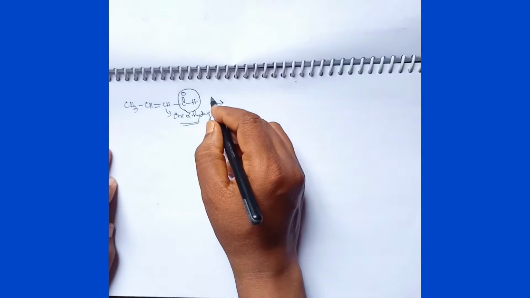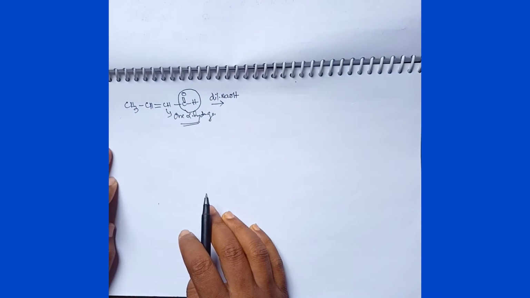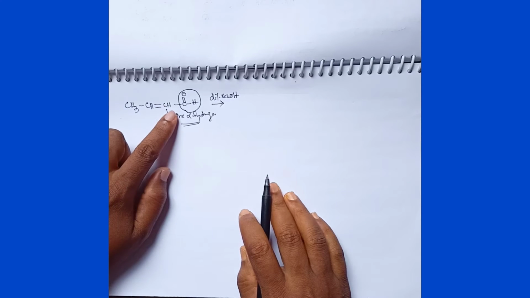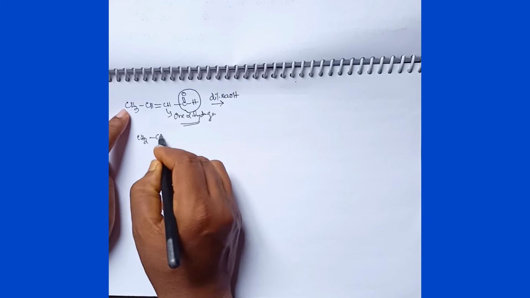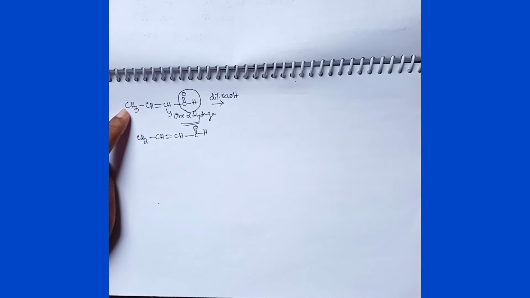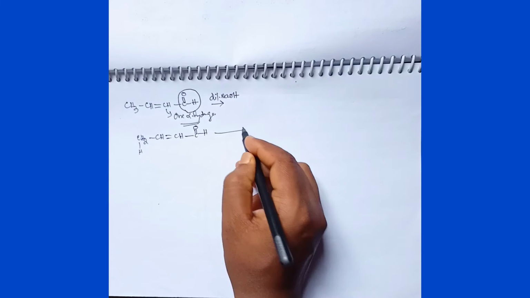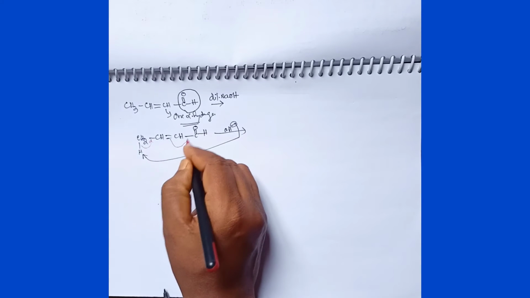Okay. So in the presence of dilute base, what will happen? We are thinking it should be abstracted from here, but no, hydrogen will be abstracted from here. So how will it happen? CH2, CHO. Now the base will abstract this proton and it will come here.